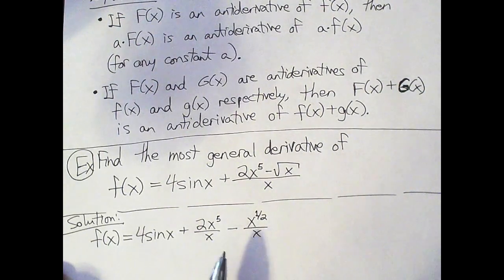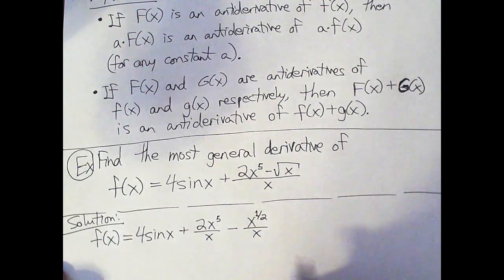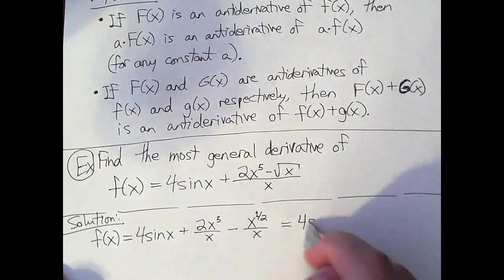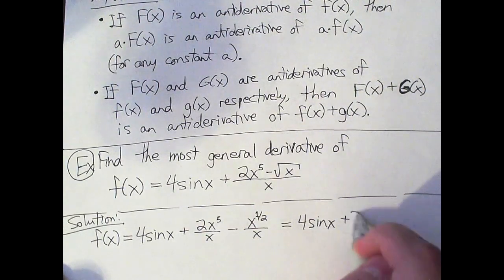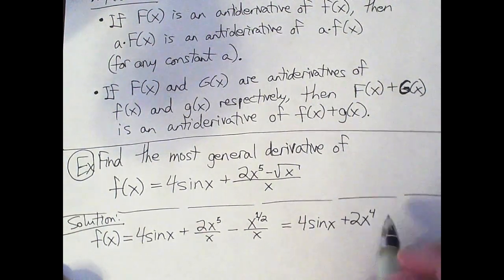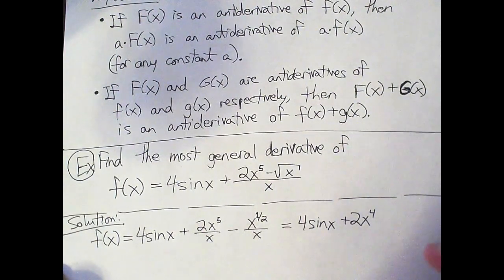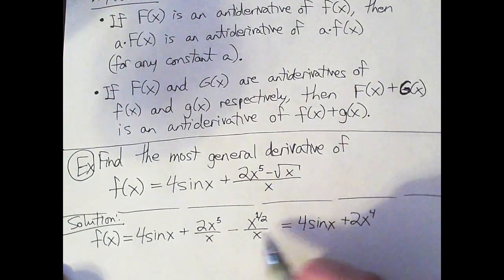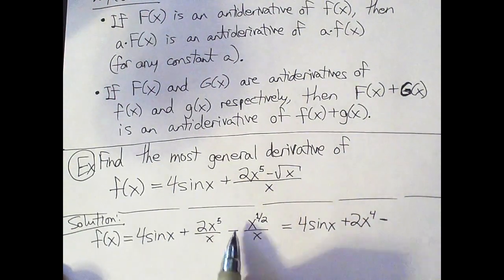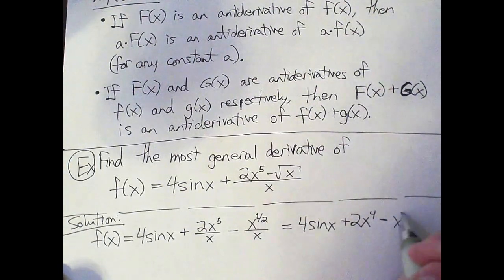The reason why I split this up is because we can now use some rules about exponents to write this in another way. We could say 4 sine x plus 2x to the fourth. See what I did there? x to the fifth over x. And then what do we do for this one? Minus x to the 1/2 over x is x to the negative 1/2.